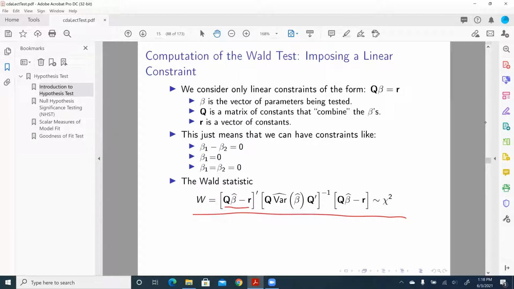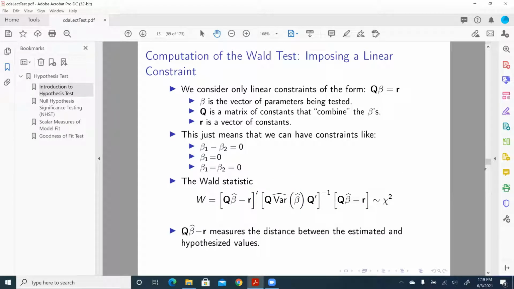And in the middle, we have the inverse of Q, the transformation matrix, multiplied by the variance covariance matrix of β_ML, multiplied by Q′, and then multiplied by Qβ̂ − R. So this is the quadratic form, right? Basically, you square that for a single coefficient, and then you normalize by the variance covariance matrix of the transformation.